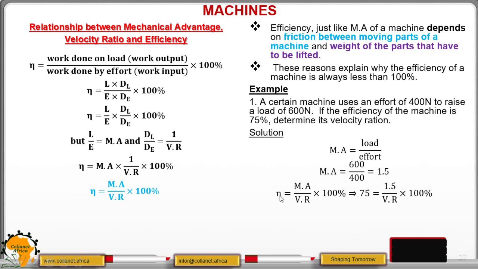But we know that efficiency is mechanical advantage over velocity ratio, and we are given the efficiency as 75. Then we have calculated the mechanical advantage as 1.5, so we can get the velocity ratio. So velocity ratio will be 1.5 divided by 75, and that must be multiplied by 100%. When you multiply all these terms, you'll find that the velocity ratio is 2.